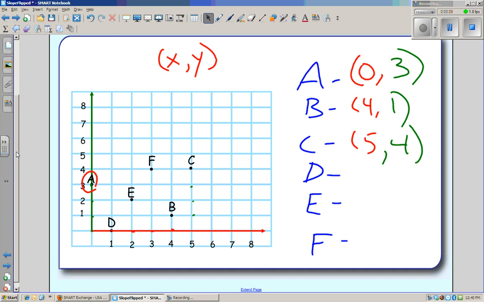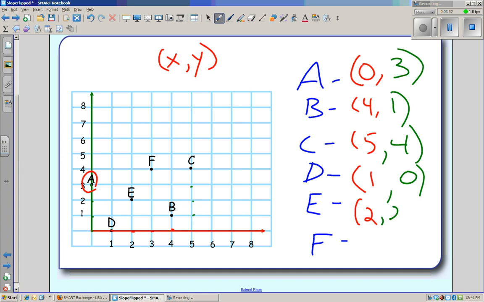For D, it moves over. My X moves over 1. And it does not move up vertically at all. So it is still on the X line, which means my Y is 0. E moves over 2 and up 2.